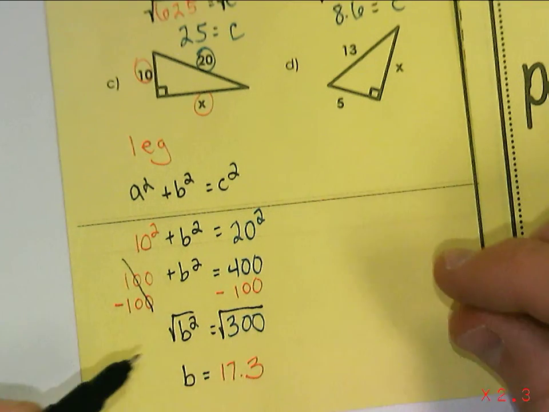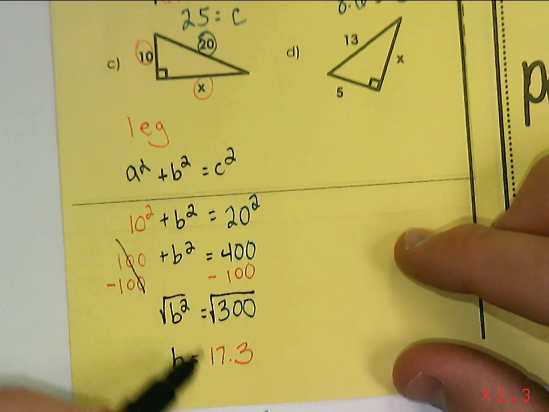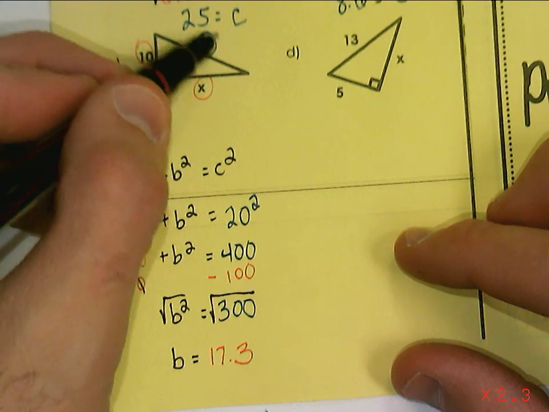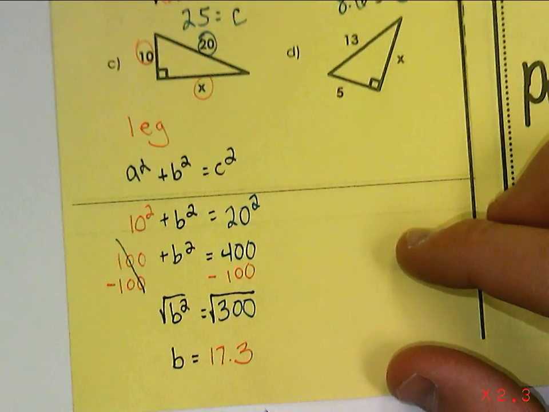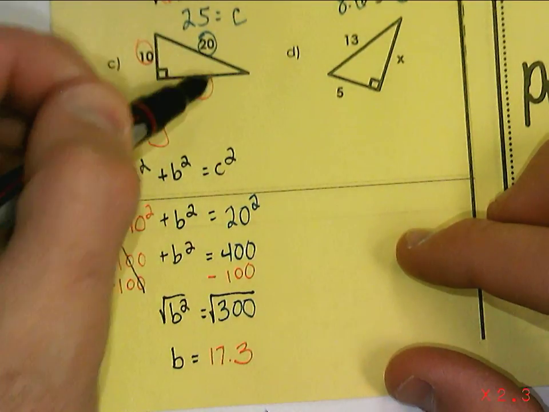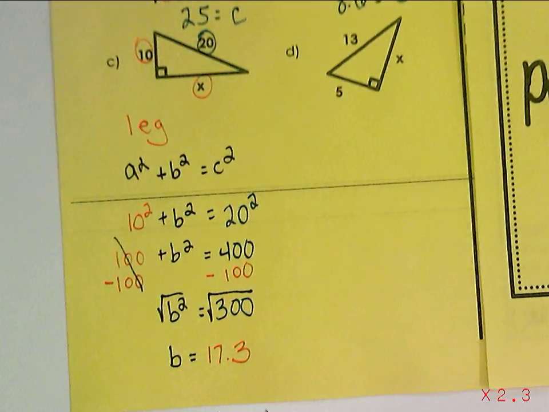We can check that our answer makes sense because my two legs should be smaller than my hypotenuse. So 10 is smaller than 20 and 17.3 is smaller than 20. That means that is a correct answer.